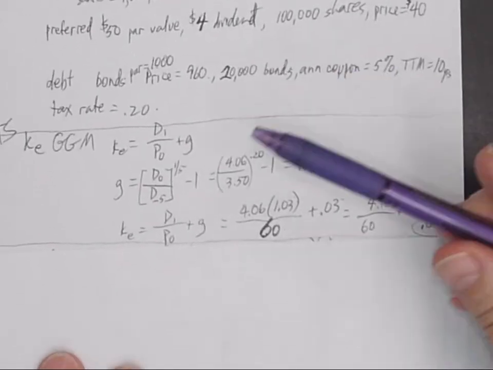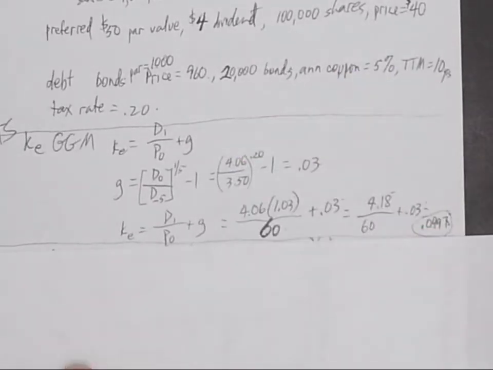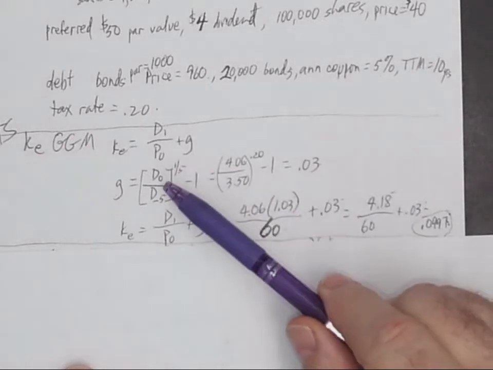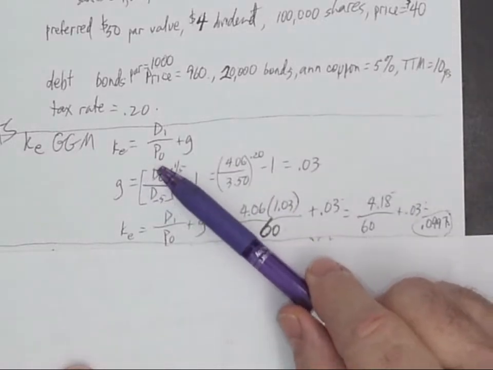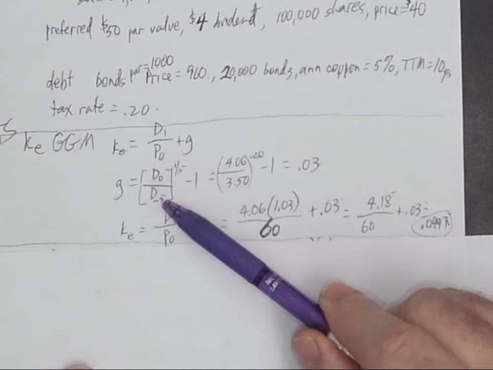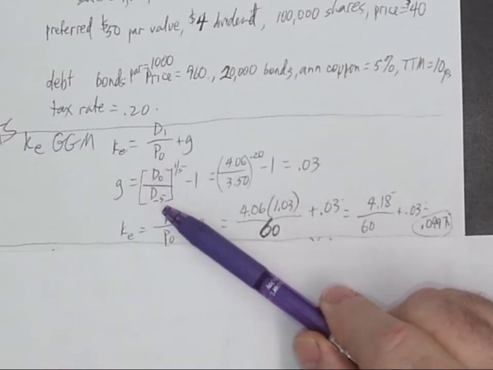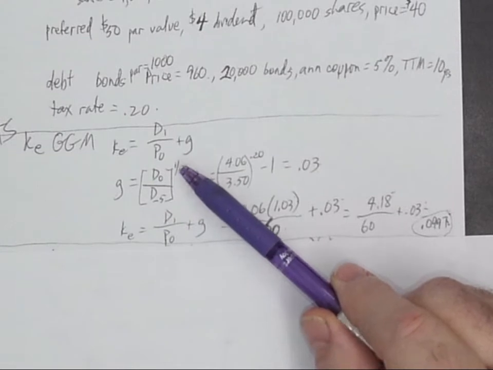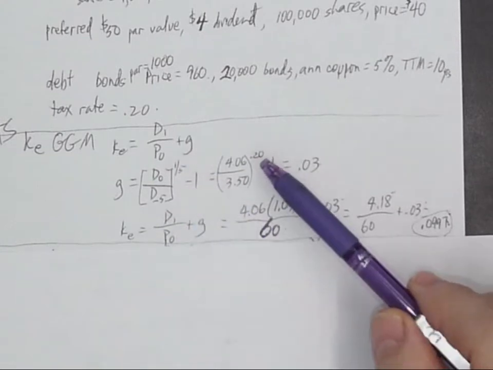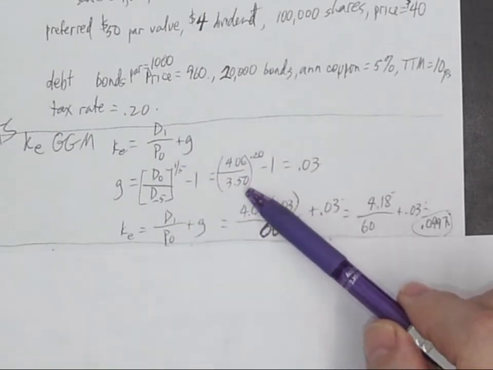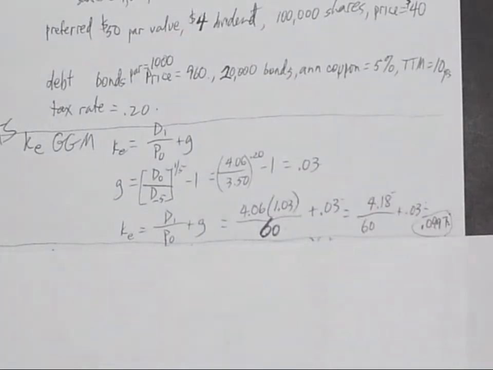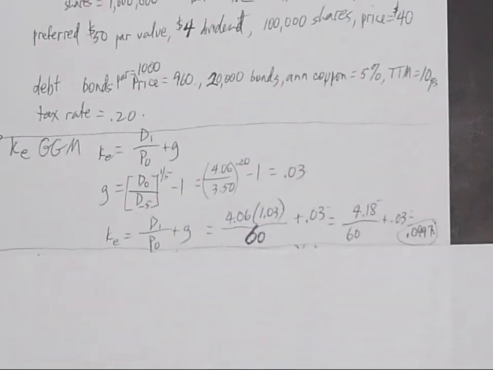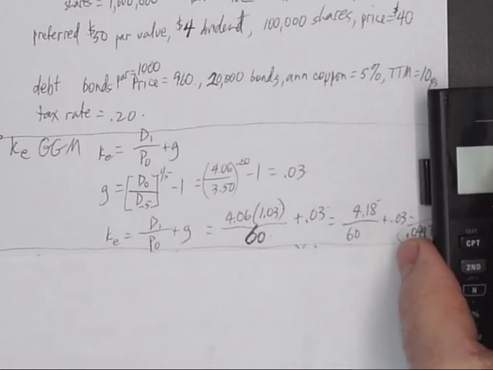So what we can do instead, and this is what we did on the other video, is we can take that most recent dividend and divide it by the one that was 5 periods before, take it to the 1/5 or 0.2 power, and subtract 1. So 4.06 divided by 3.50 to the 0.2 power minus 1 is very close to 0.03.